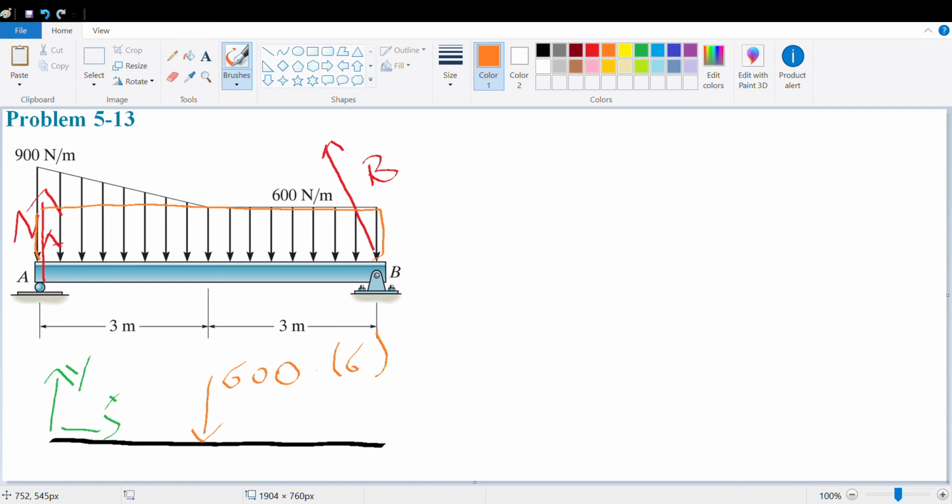Then there is this second part of it, this triangle here, and the load is going to be equivalent to the area of that triangle. Now the height is 300 because it's 900 minus 600, so the area of a triangle is 1/2 the height 300 times the length, and in this case it's just 3.